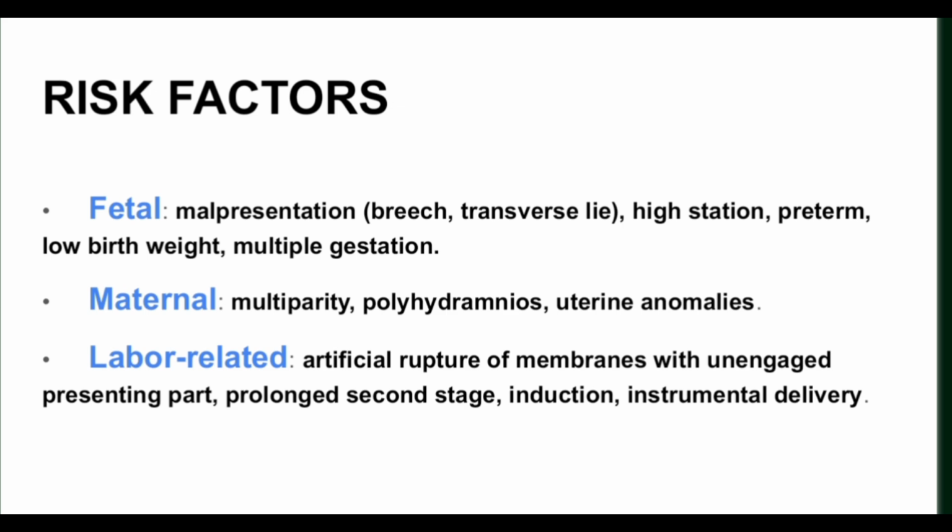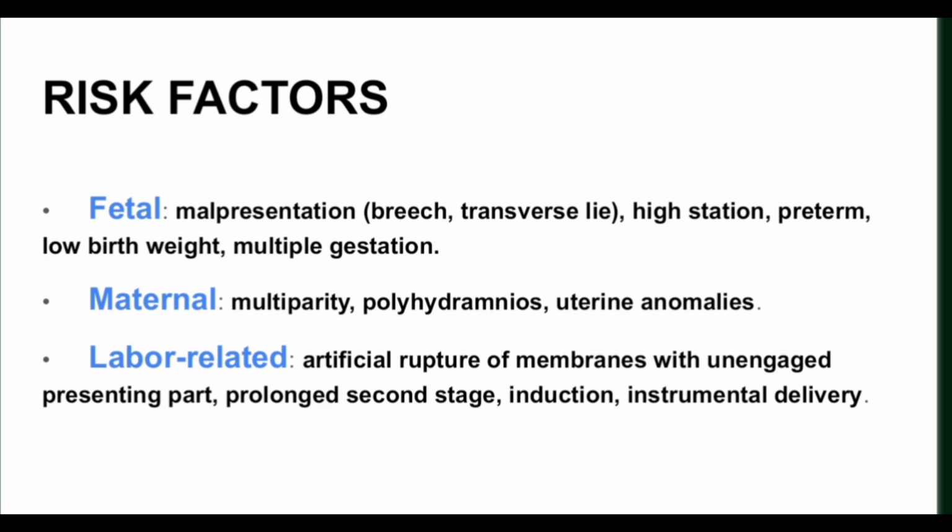When it comes to risk factors, we have got the fetal and maternal and also the labor related risk factors. So for the fetal risk factors, we have got malpresentation, which can be a breech, transverse lie, high station, preterm, and low birth weight or multi-gestation. For the maternal risk factors, we've got multiparity, polyhydramnios, uterine anomalies.